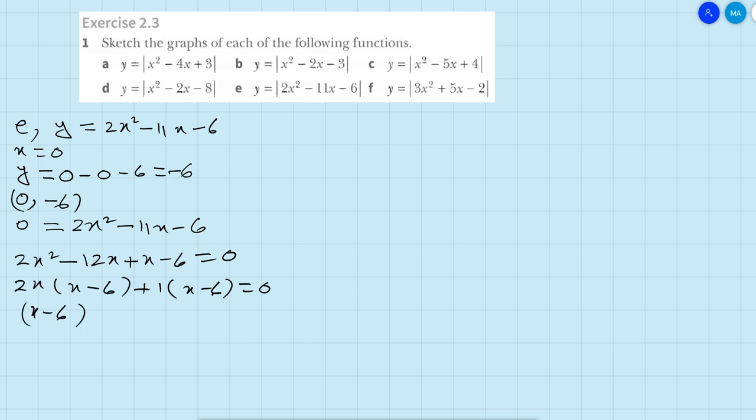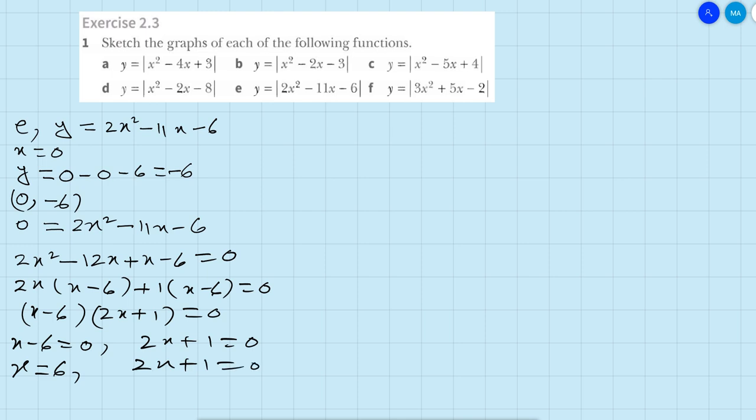x minus 6 and 2x plus 1 is equal to 0. This implies that x minus 6 is equal to 0 and 2x plus 1 is equal to 0. From here, 2x plus 1 is equal to 0, then 2x is equal to minus 1, then x is equal to minus 1 upon 2, which is minus 0.5.